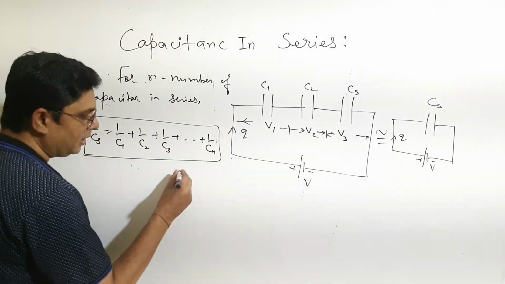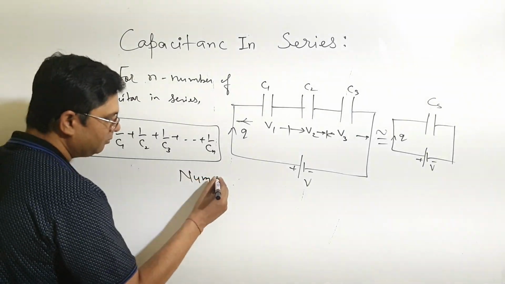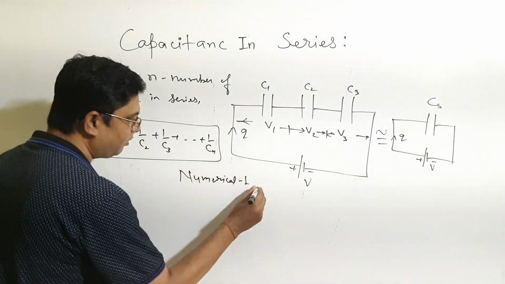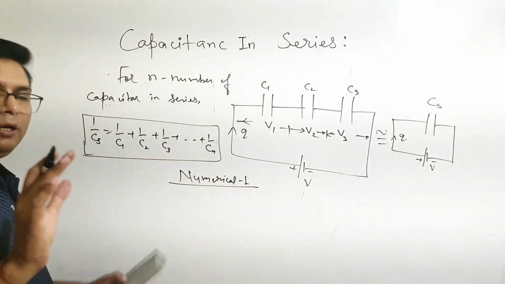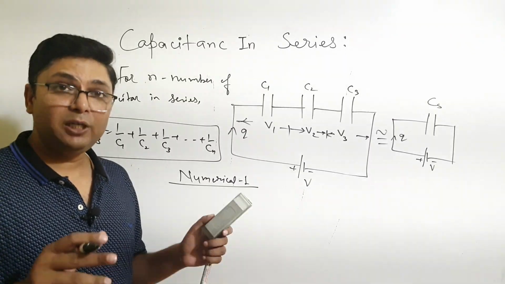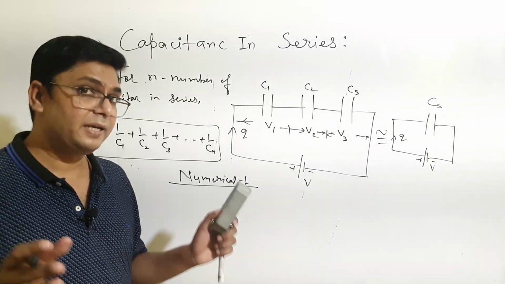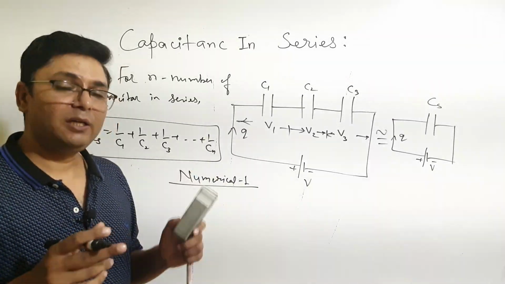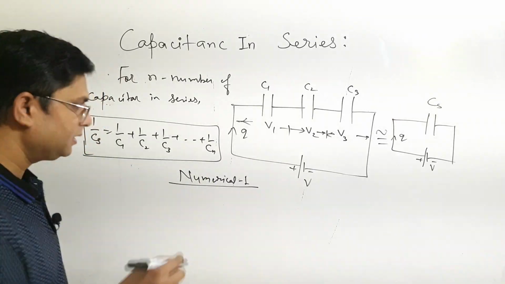Let us have a numerical. Numerical number first. Suppose I am giving you n number of capacitors, each of capacitance C. They are connected in series, then what will be the equivalent capacitance?